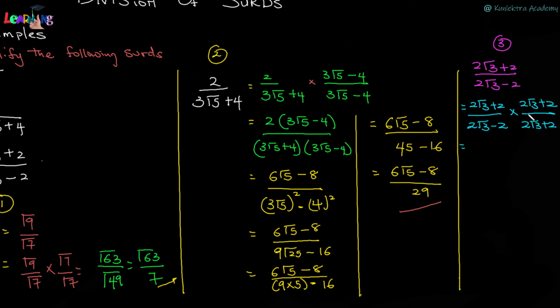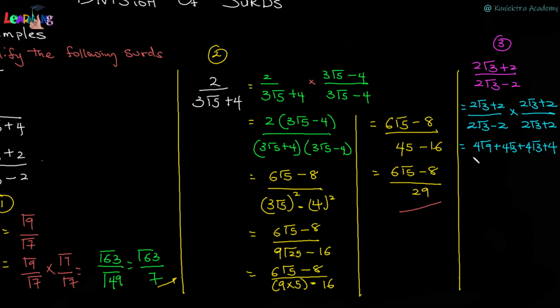Let's continue. You multiply it together. The denominator is the difference of two squares. In the numerator, 2 root 3 times 2 root 3 will give us 4 root 9. Then 2 root 3 times 2 is 4 root 3, plus 2 times 2 root 3, that's plus 4 root 3, plus 2 times 2, that's 4.